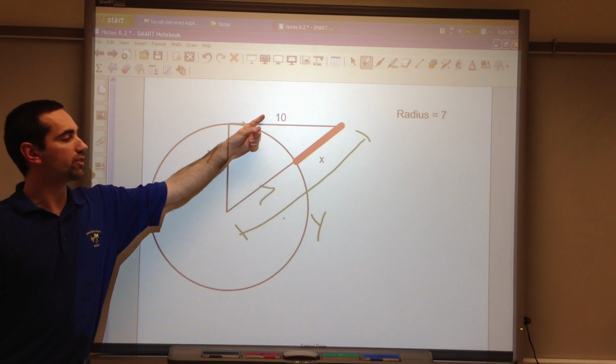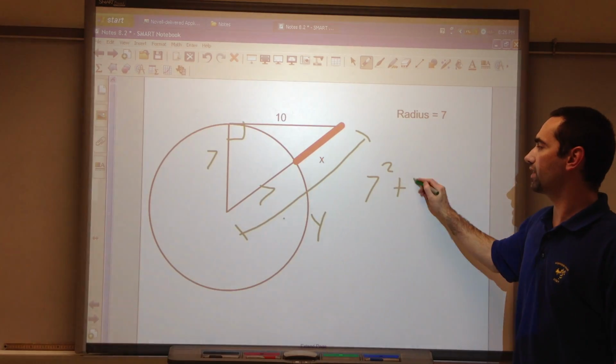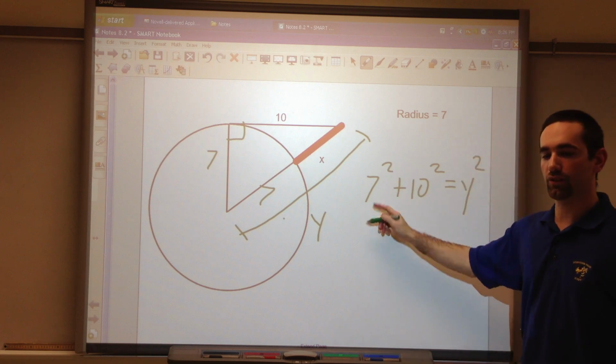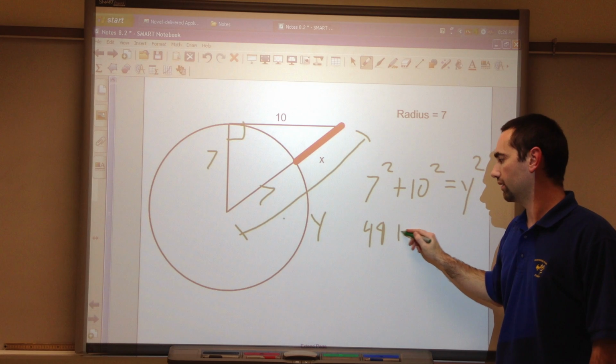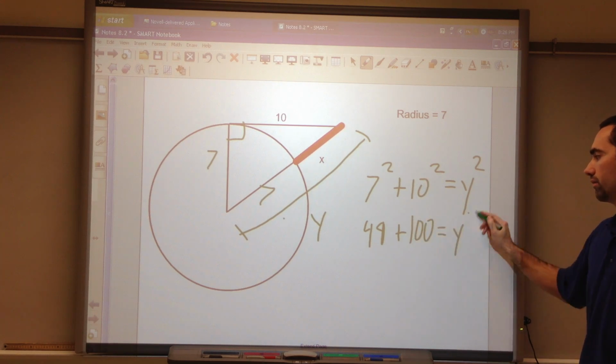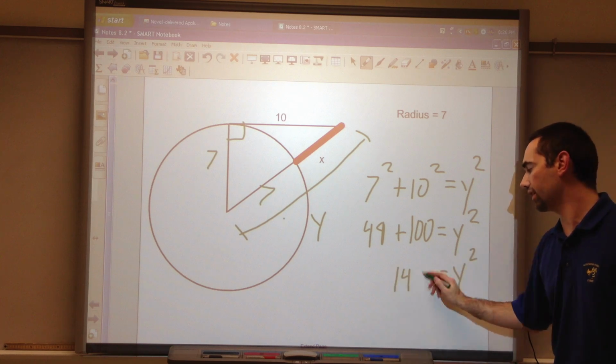A squared plus b squared equals c squared. 7 squared plus 10 squared equals y squared. 7 squared is 49. 10 squared is 100. So y is the square root of 149.